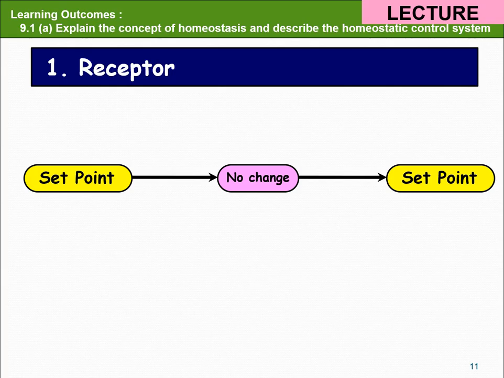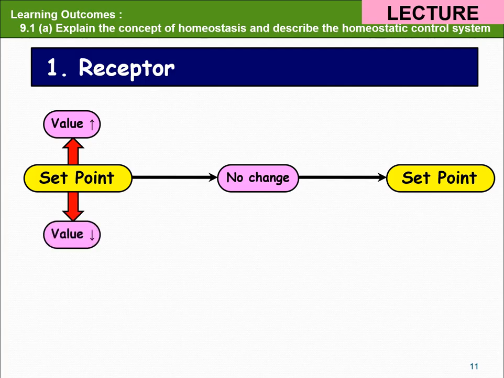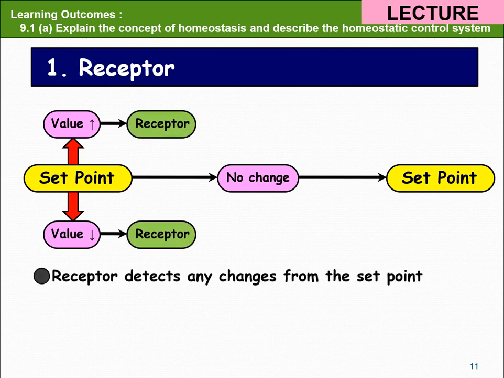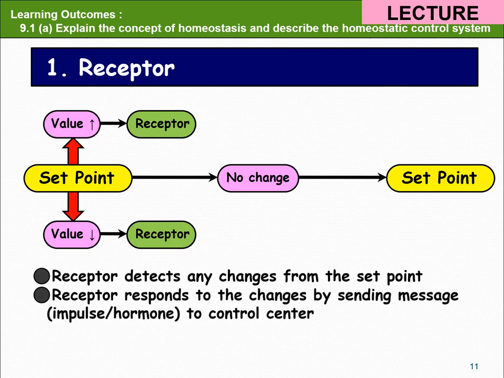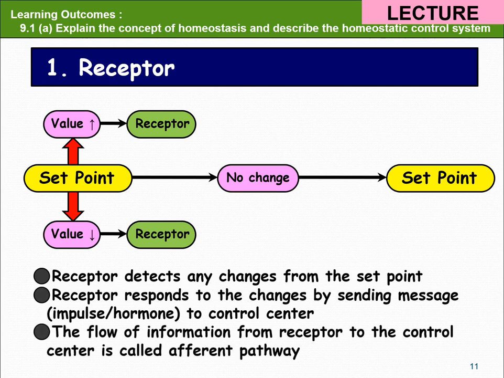Receptor is the one that detects any changes that occur from the set point, either increased or decreased from the set point. These two types of changes will be detected by the receptor. After it detects the changes, it will send a message by impulse or hormone to the control center. The flow of information from receptor to control center is called the afferent pathway.